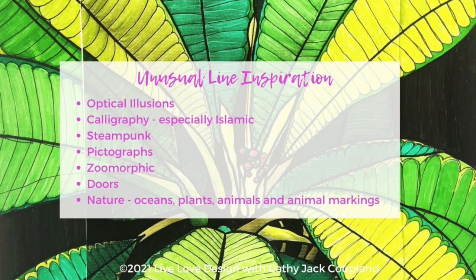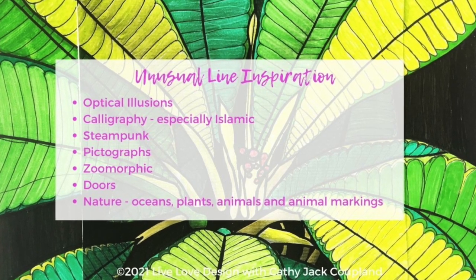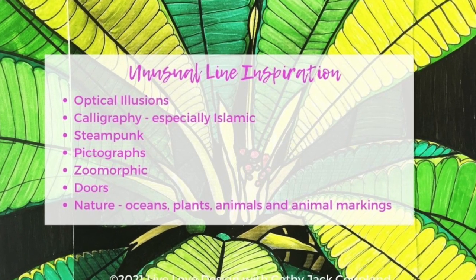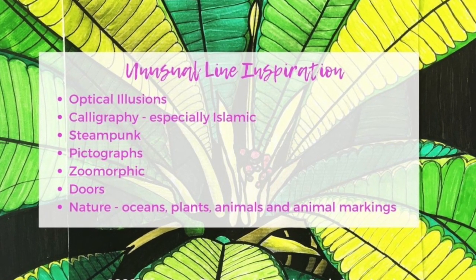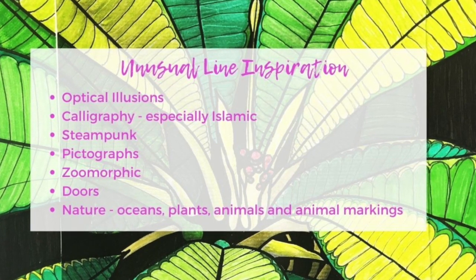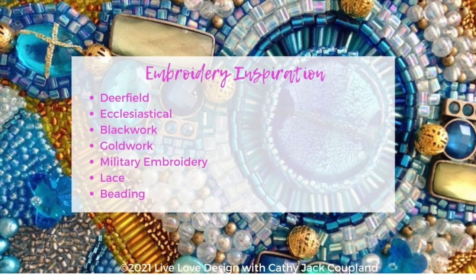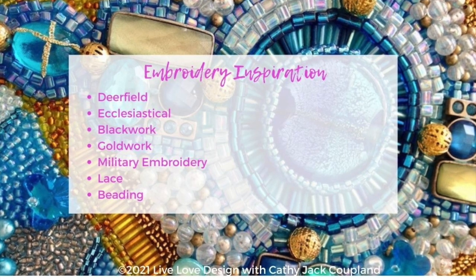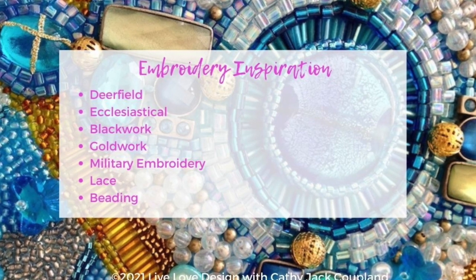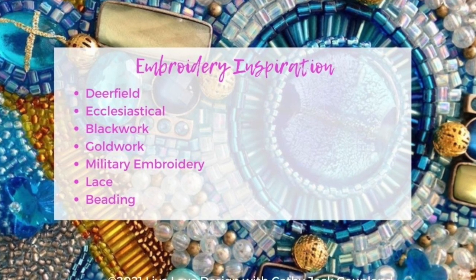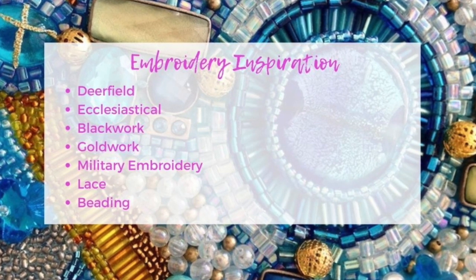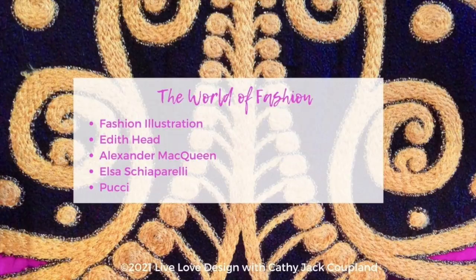Unusual inspiration for line: optical illusions, calligraphy, especially Islamic, steampunk, pictographs, zoomorphic design, doors, nature, ocean life, agate, plants, animal markings. Embroidery: Deerfield, ecclesiastical, blackwork embroidery, goldwork embroidery, military embroidery, lace, historical textiles, especially medieval design and those gorgeous illuminated manuscripts.